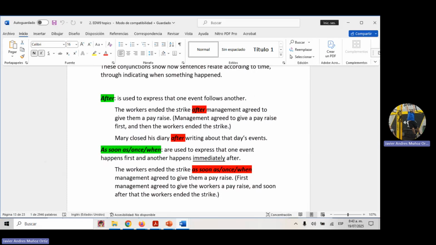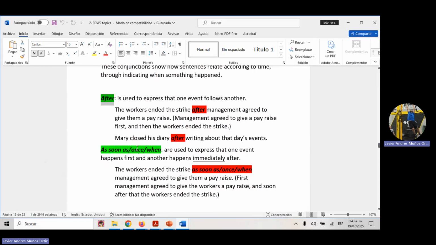Something happens first, next something else happens, then something else, and so on. Therefore, we use after, as soon as, once, and when to focus on a posterior event, something that happens next. But the difference is that after is used when we have a gap in terms of time.